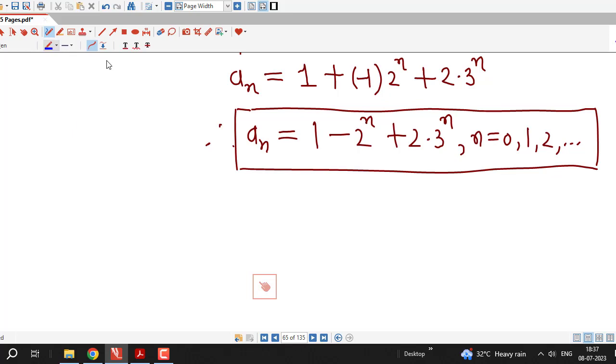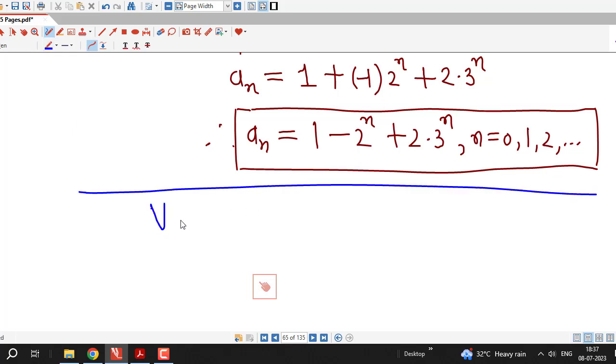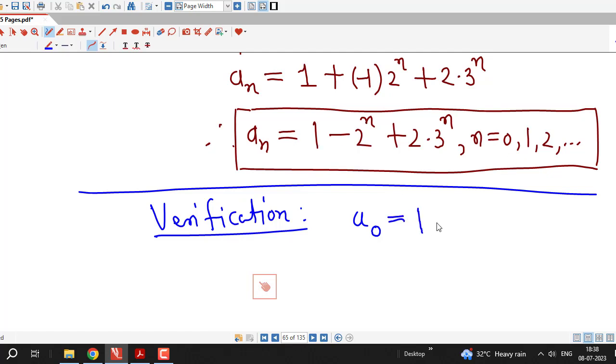If you wish, you can cross verify your answer also. You have to check whether your solution satisfies the given initial conditions or not. Suppose I want to check whether a0 is according to the given values or not, then I can put n equal to 0 here, and I have 1 minus 2 raised to 0, that is 1, plus 2 into 3 raised to 0, that is 1.